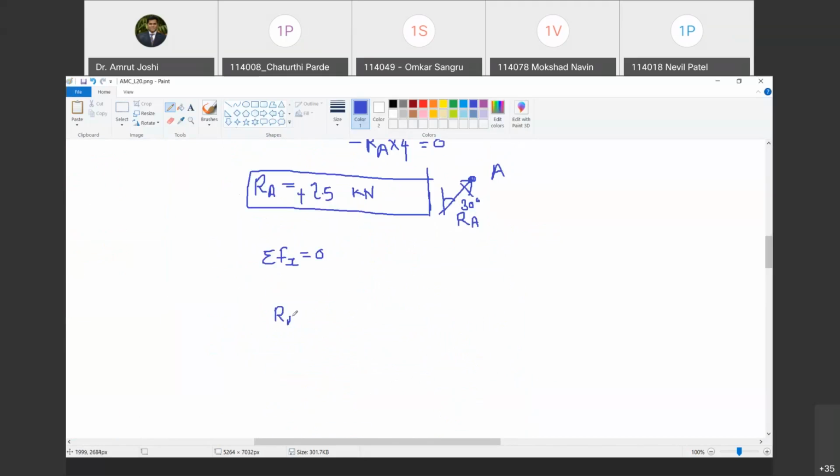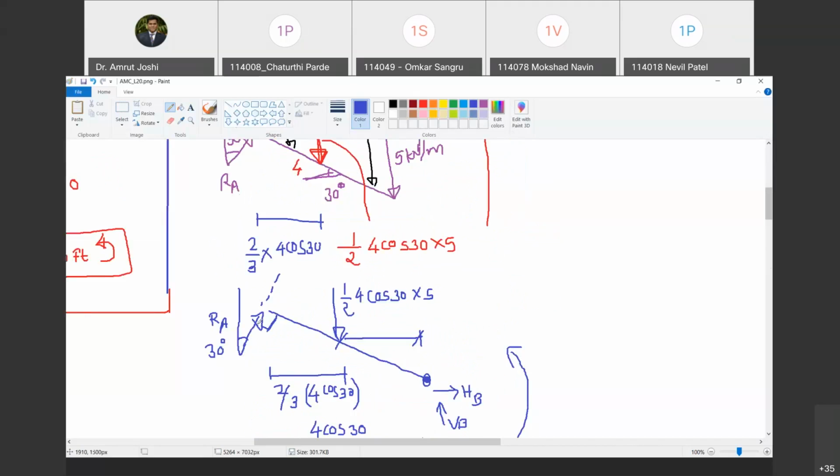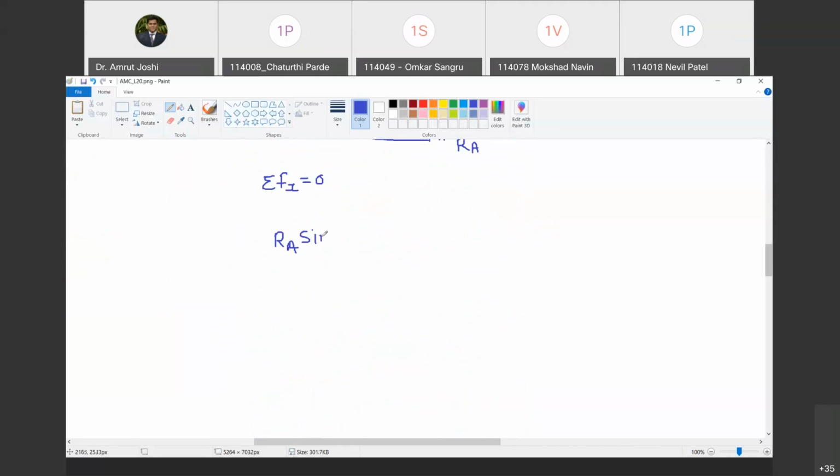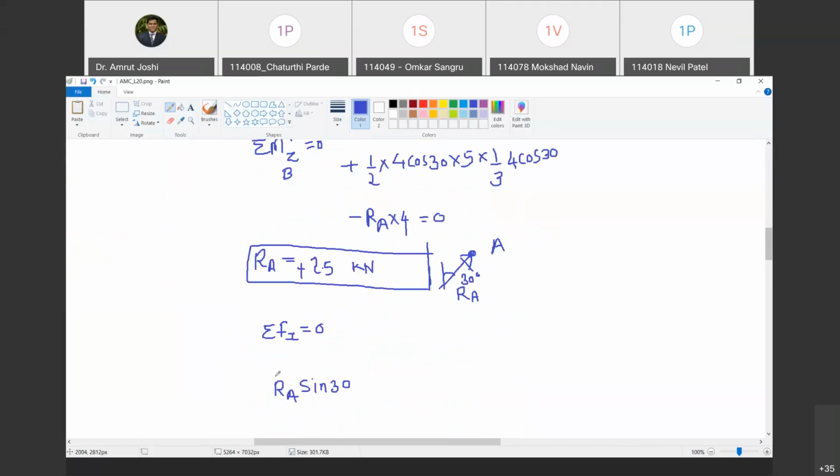Yes, sir. And it is positive because RA is, so you can see its component is positive. RA sin 30. Happy? Yes, sir. But what is RA? RA is 2.5. So I will substitute 2.5 with sign. If RA had come out minus, I would have substituted minus here. Are you with me? Yes, sir.